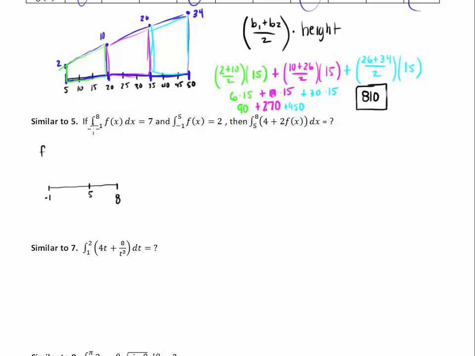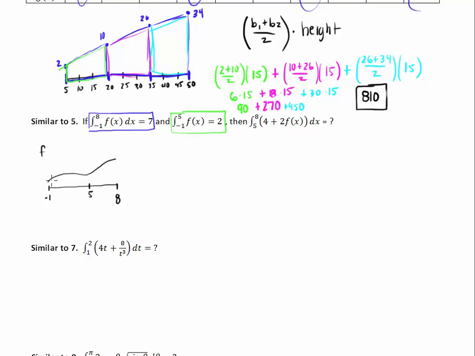So we know from this right here that the entire thing from -1 to 8 is going to be 7. And we know this right here from -1 to 5 is going to be 2. So maybe it looks something like, I don't know, like that or something.